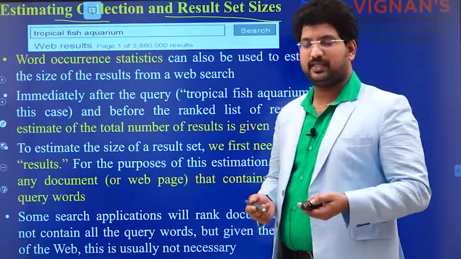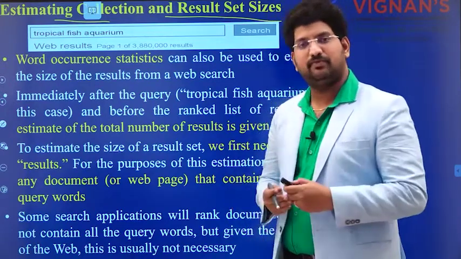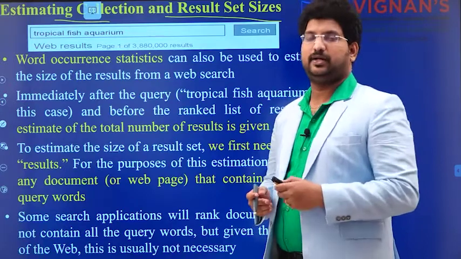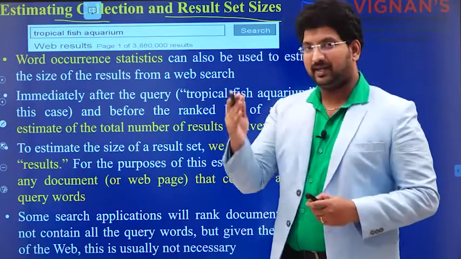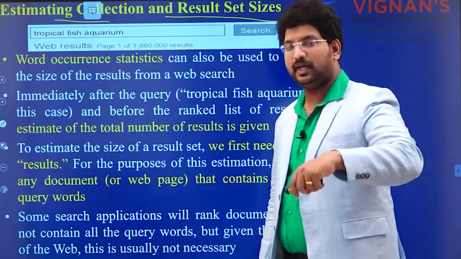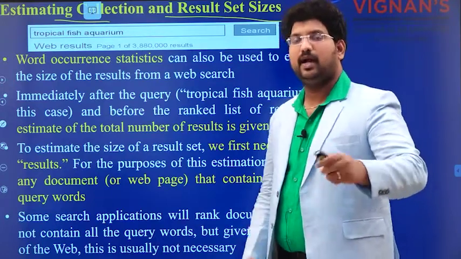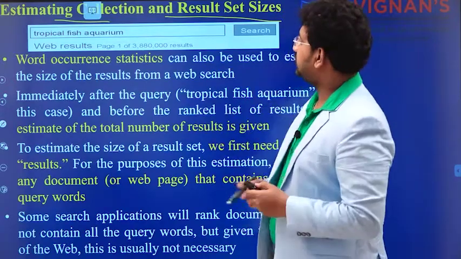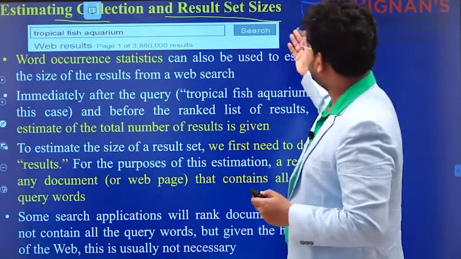For example, when you are before the Google search engine, you want to find particular information, you search about that topic, and then you are able to retrieve the results. Whenever you enter the text or web search query, what result sets are you going to retrieve? Here we are going to estimate those results, what is going to happen in the background and how this process is done. This is what we are going to understand as part of estimating collection and result set sizes.